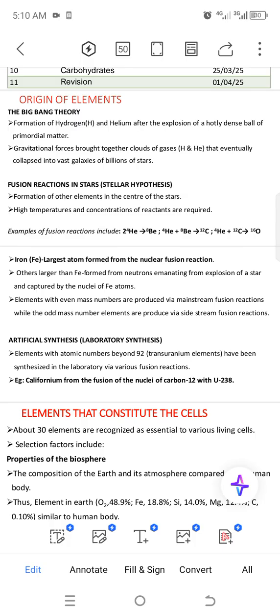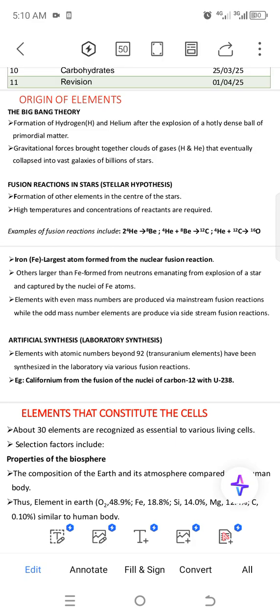The Big Bang theory. So in the Big Bang theory, it says formation of hydrogen and helium after the explosion of a hotly dense ball of primordial matter. So this means hydrogen and helium were derived from the explosion of a hotly dense ball of primordial matter.